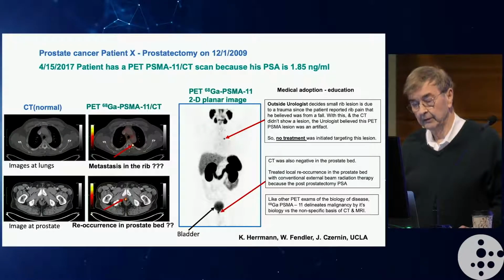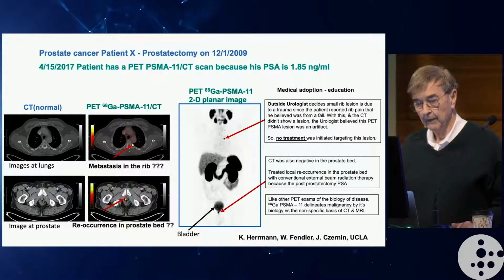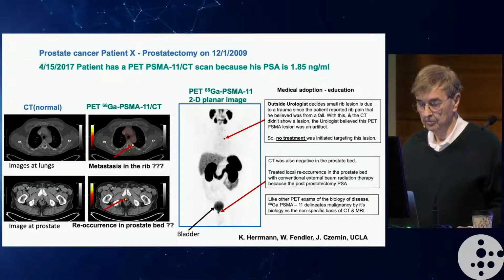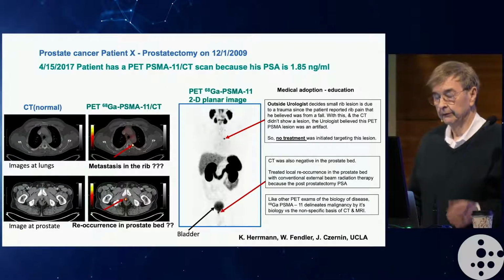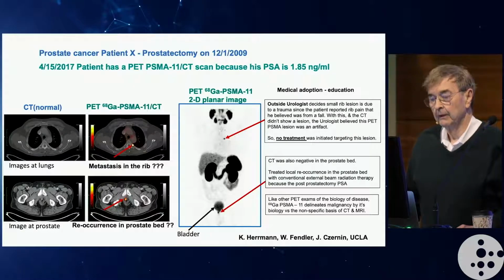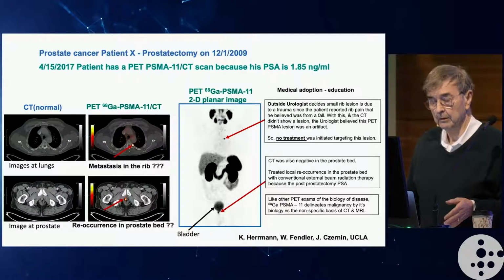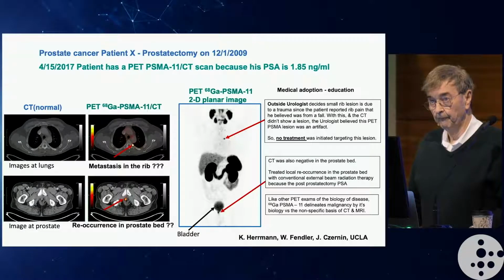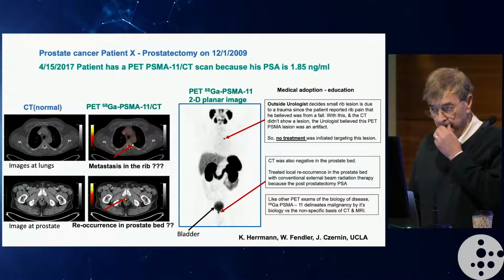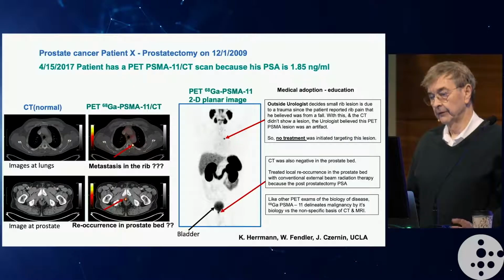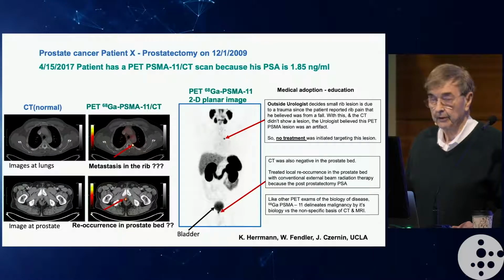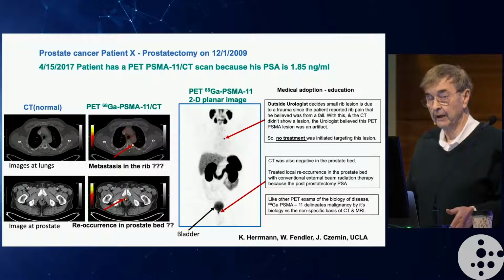So on the left, you see a CT of the lungs and also down to the prostate bed. The CTs are normal. And then you see the superimposition of the gallium PSMA assay on top of the CT, and you see a lesion in the rib, and also one in the prostate bed. Now, the outside urologist, unfamiliar with PSMA, decided that the rib lesion was an artifact.